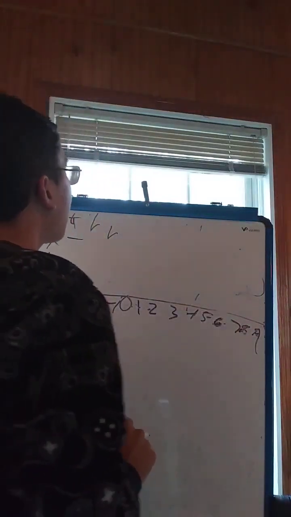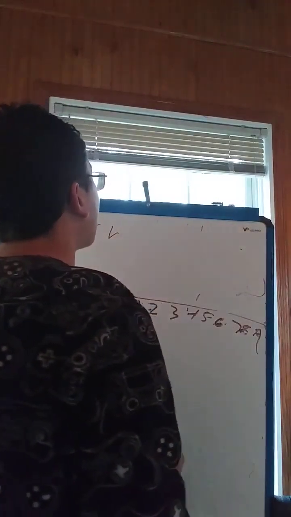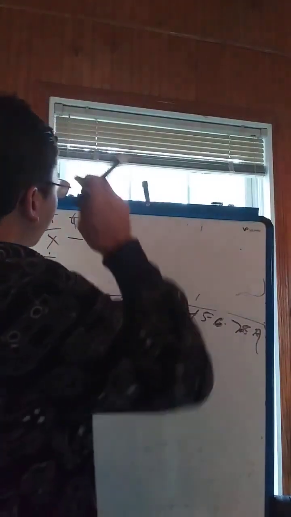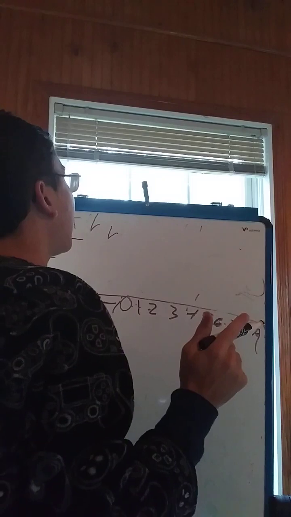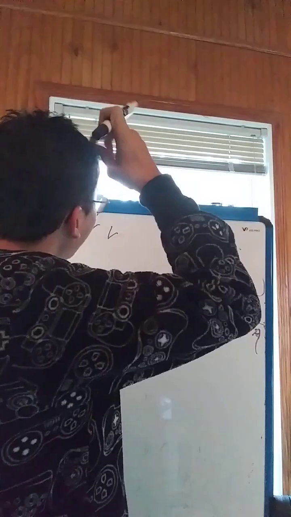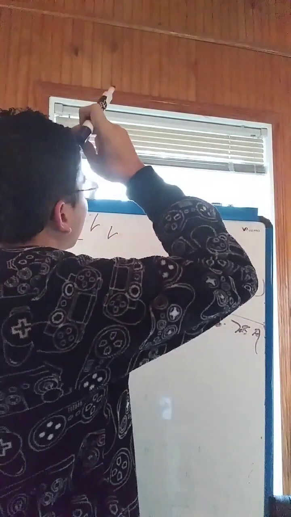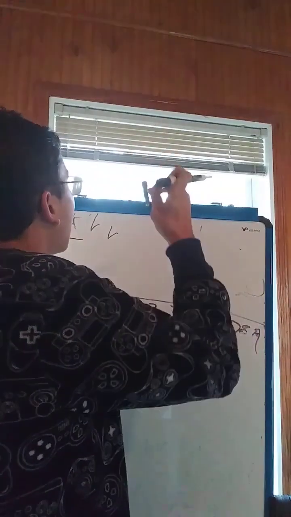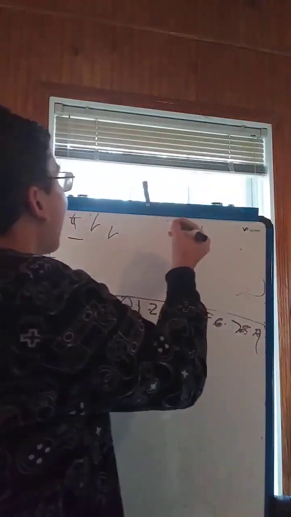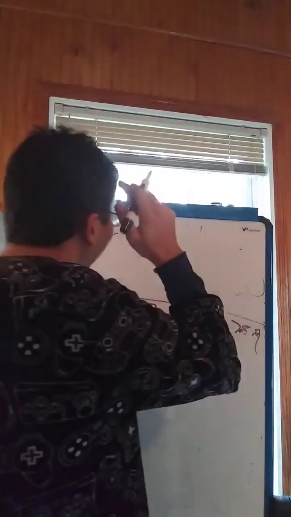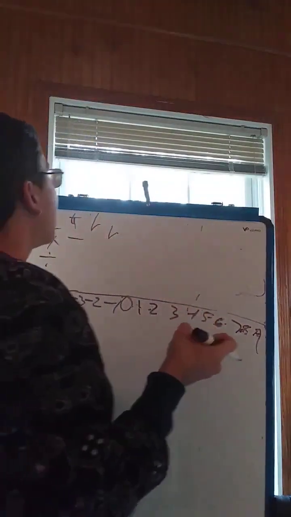So the rule is for multiplication is when you have two, actually let's not go there.